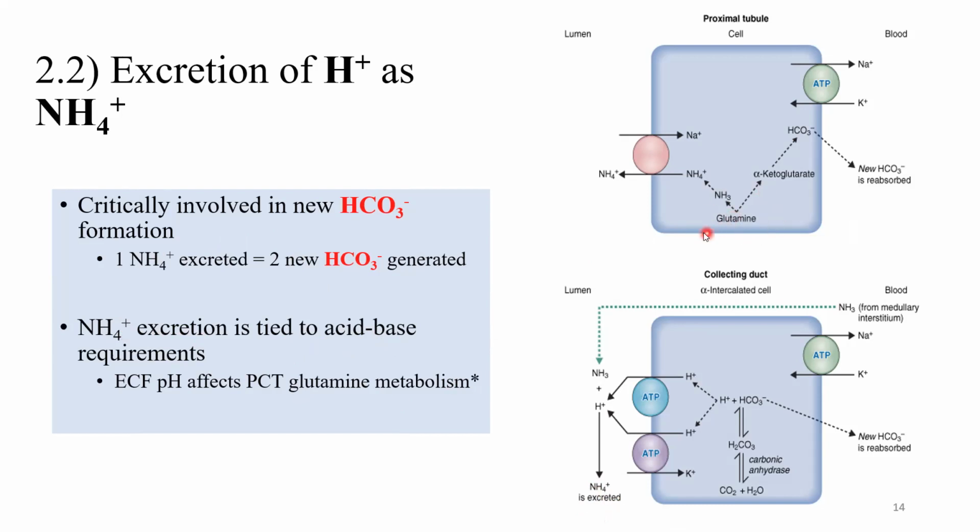When you have acidosis or an acidic change in the ECF fluids, guess what happens to the enzymes which affect glutamine metabolism? You guessed right. They get activated by the acidity of the ECF. They get activated and more glutamine than normal starts to be broken down so that more ammonia can be made, more titration can be made, more ammonium can be made, and very crucially, more new bicarbonate can be made.